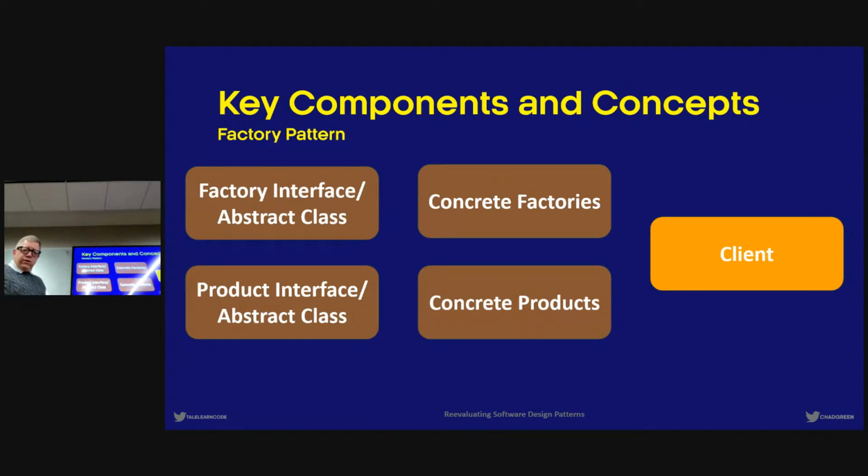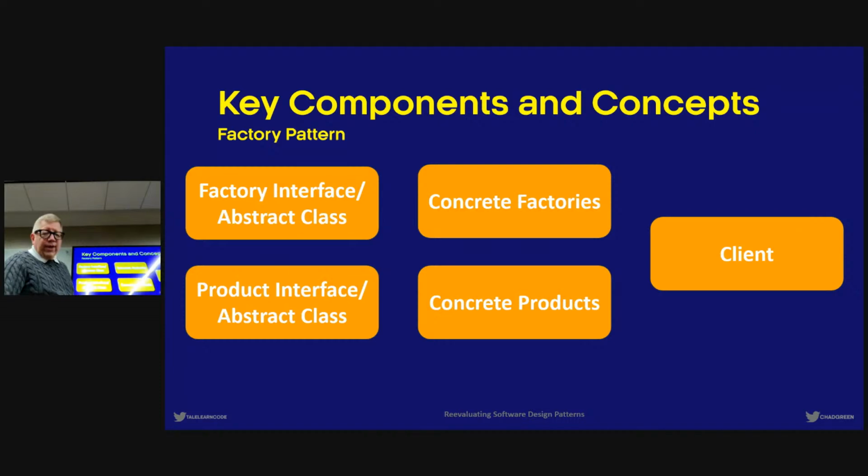So the whole idea here, and again, I have this in my other talk, and in there I have a really nice diagram, is that I need to be able to create some type of object. So think of it like you're building a system. At Jasper Engines, we build engines.